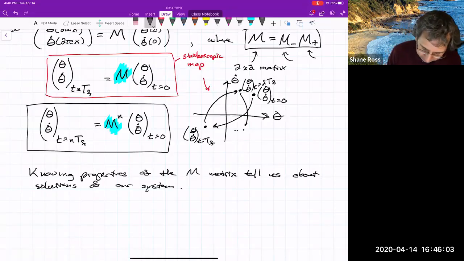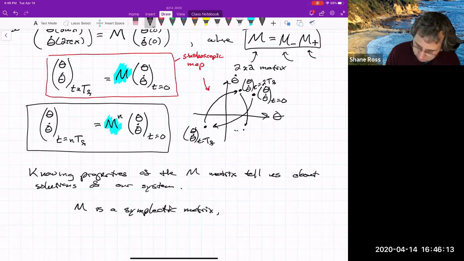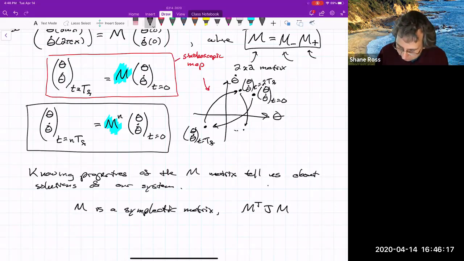And I'll just give you a hint. M has a property related to Hamiltonian systems. M is a symplectic matrix, which means that M transpose J M equals J. You work out that matrix multiplication here, J is [0, 1; -1, 0]. This is what you'd have for a single degree of freedom system.